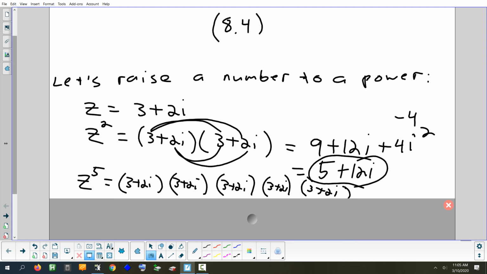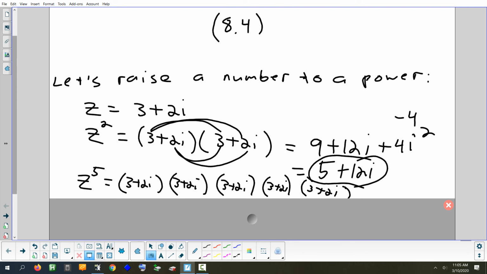Now you have to FOIL all 5 of those out. It's still something that you could do maybe in like 5 or so minutes. But then if I said z to the 200th power, well now forget it. It's too complicated. So the point is, it can get very, very challenging very quickly to raise a complex number to a power.